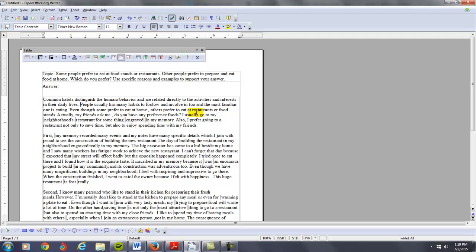Let's get to our next sentence here. So people, this is called subject-verb agreement. So people usually, you want to say here have, not has. People usually have habits, how about, let's say this. People usually follow many habits.